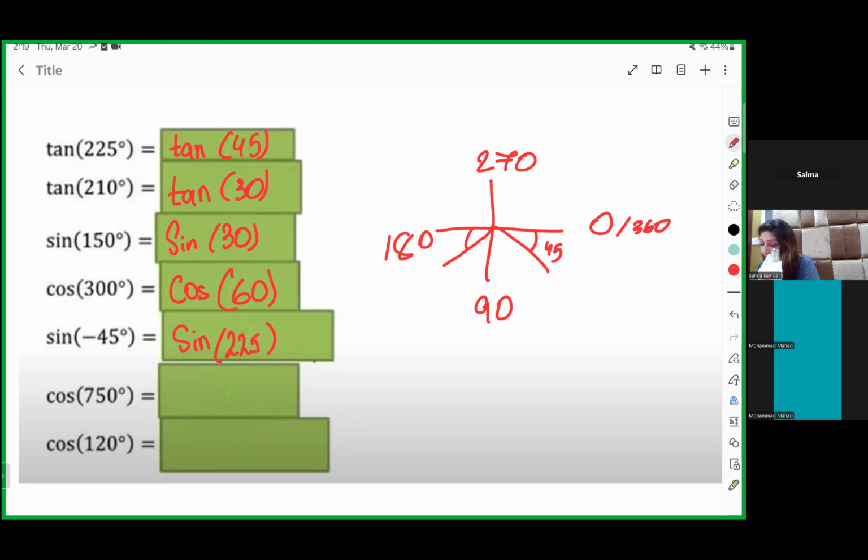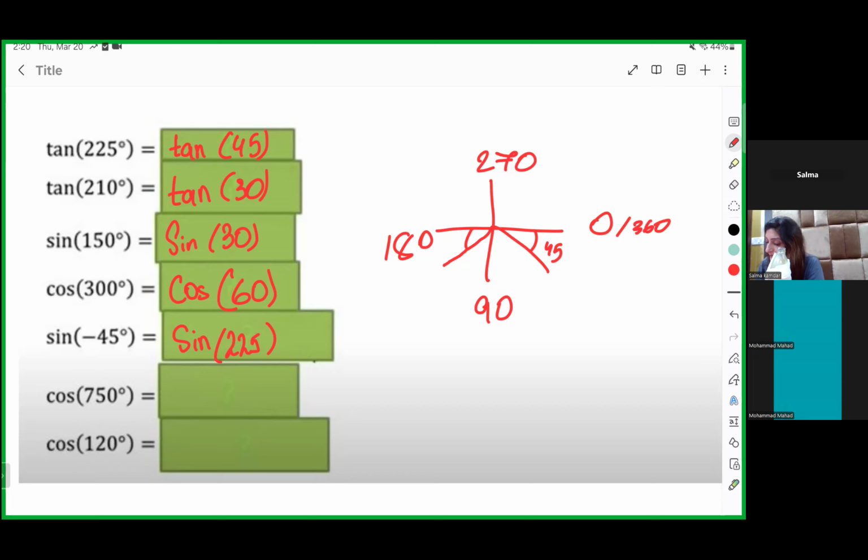So 60. But where will cos be? In the fourth quadrant. So this is 120 for me. Now C A S T. I'm doing something wrong. It's supposed to be in the fourth quadrant.